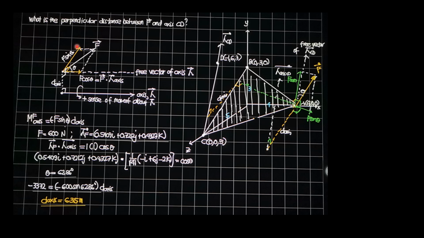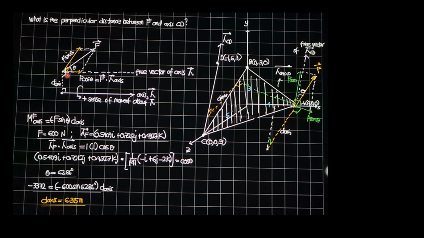So the two components are perpendicular, of course: F sine theta and F cosine theta. Only the component F sine theta has moment about this inclined axis. This is the inclined axis in general; I just rotated the figure as our guide. So this is the perpendicular distance between the force F and this axis, in this case axis CD.